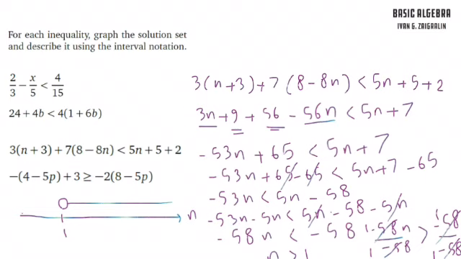And the interval notation for this inequality is all the real numbers that are greater than 1, which is all the numbers that are greater than 1 and extends toward infinity.